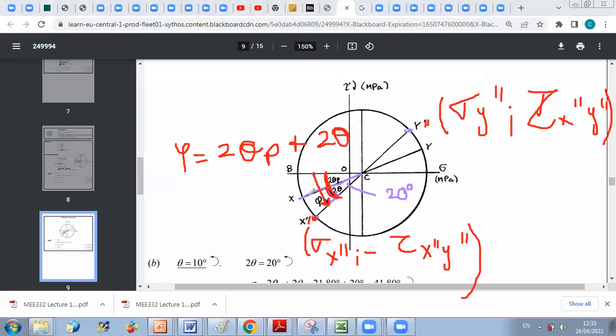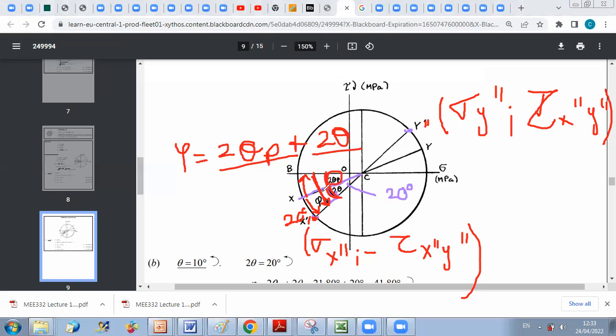Because look, from X, I rotated to the principal axis in the clockwise direction by an angle of 2 theta p, while from X to X second, I rotated in the counterclockwise direction by an angle of 20 degrees. So the total angle will be 2 theta p plus 20.